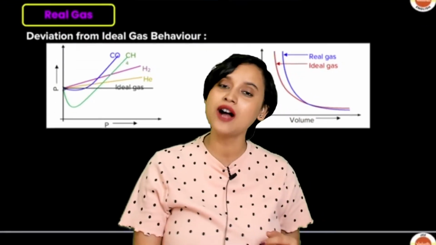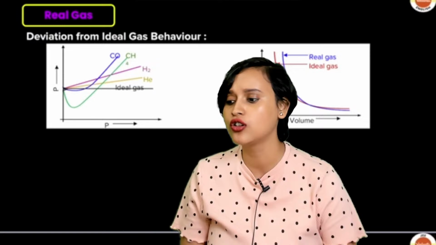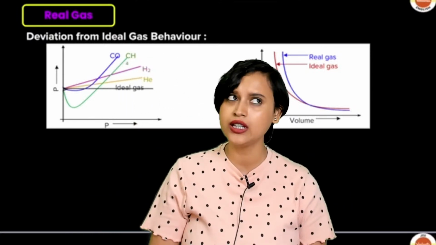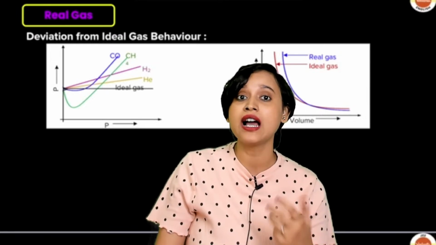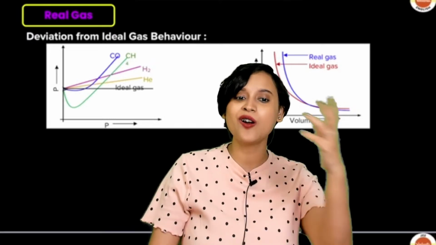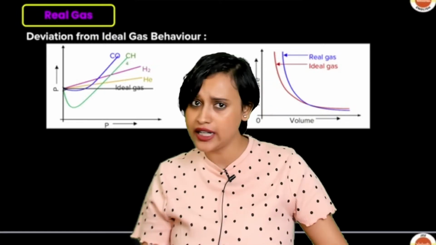From the time we learnt about Charles' law, Boyle's law, Avogadro's law, and all of these yesterday also, we understood that there is something called an ideal gas. Ideal gases means that all of these laws are followed. Then we read about the kinetic theory of gases.